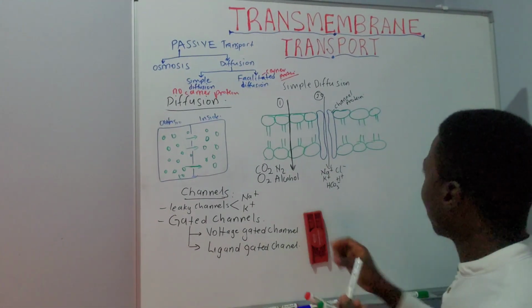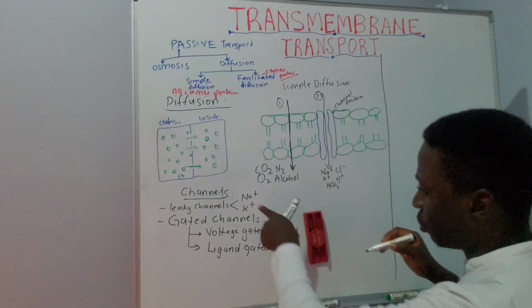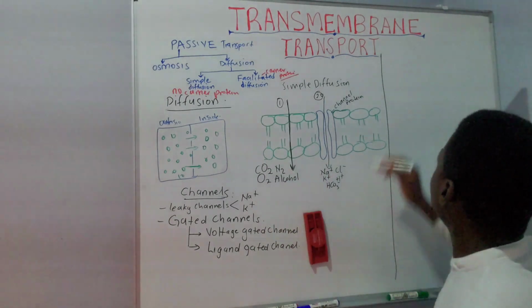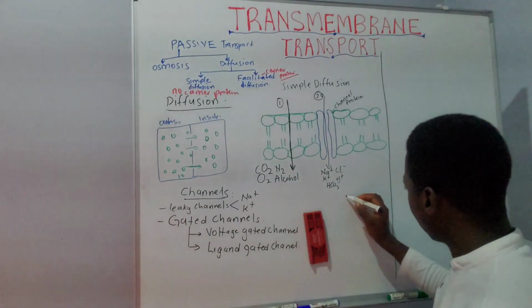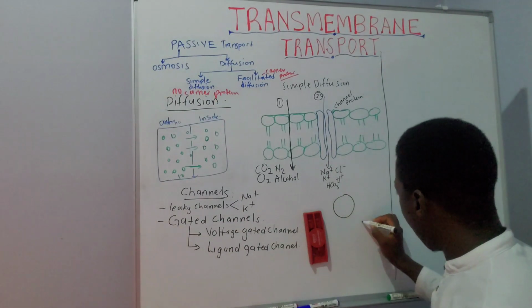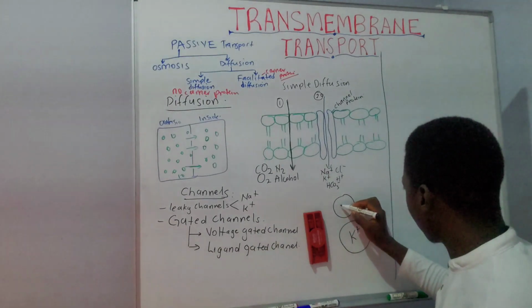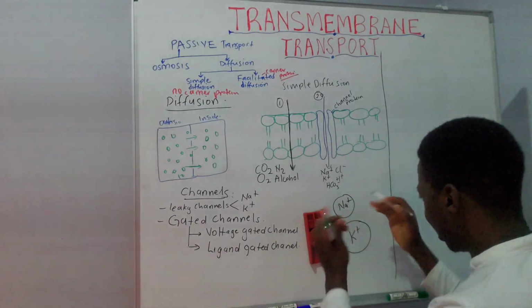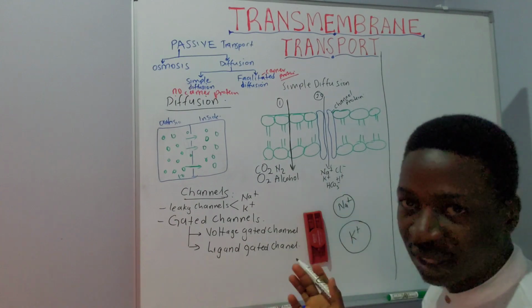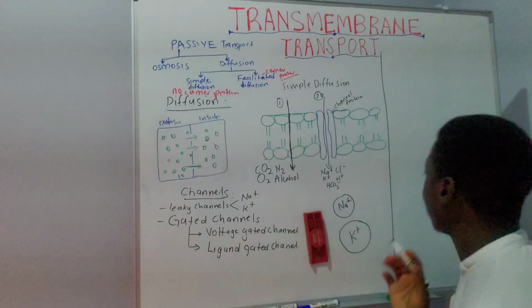So let's talk about the potassium and sodium leaky channels. One thing you should remember: potassium is structurally bigger than sodium. In diameter, potassium has a much bigger diameter than sodium.